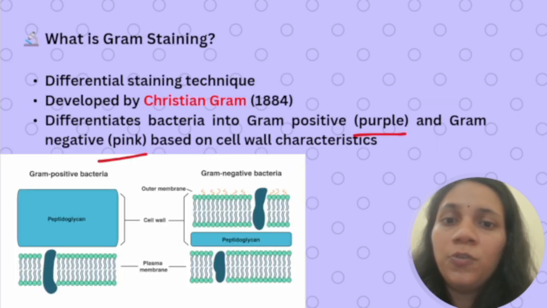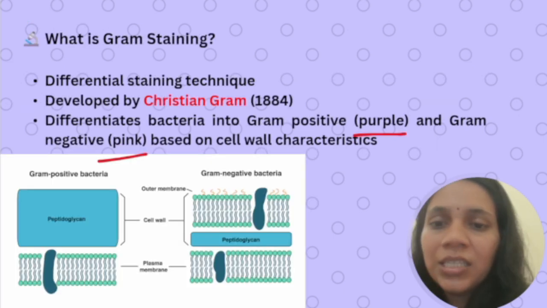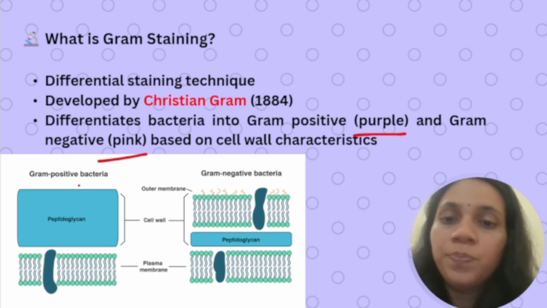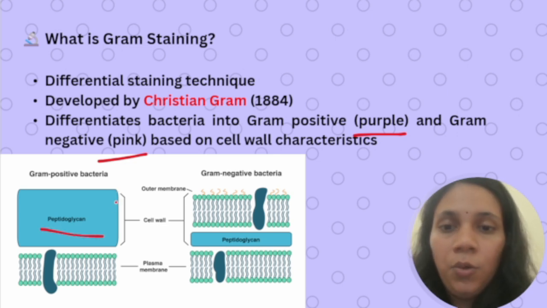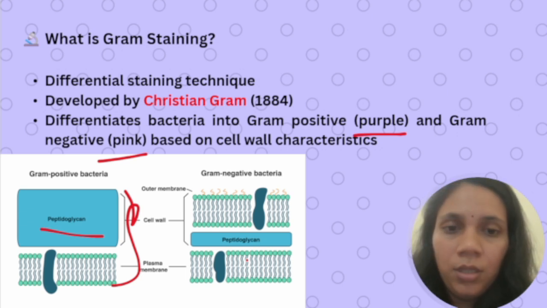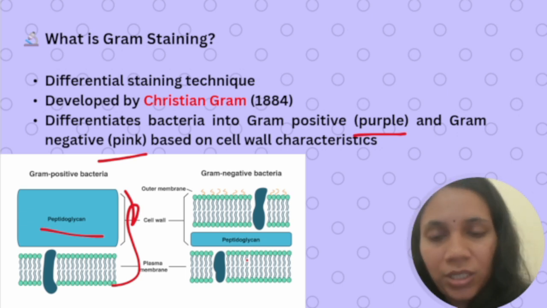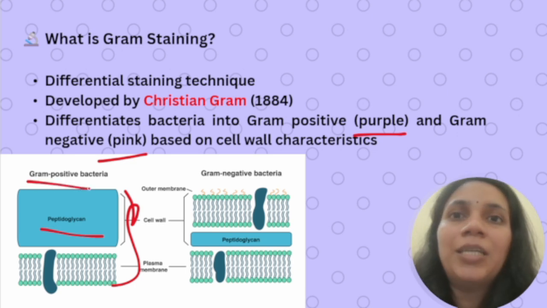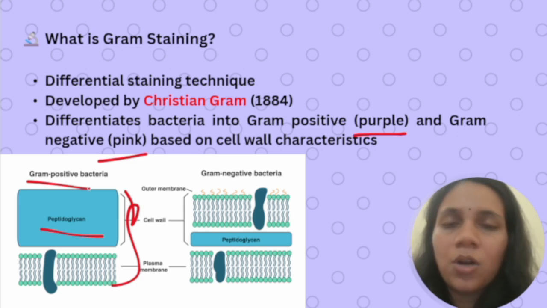If you see this image here, which I have taken from the internet and is not my own, the gram positive bacteria have peptidoglycan which is thicker as compared to the gram negative bacteria. In gram positive, peptidoglycan is almost 50 to 90% of the cell wall, whereas in gram negative bacteria it amounts to just around 10% of the cell wall.